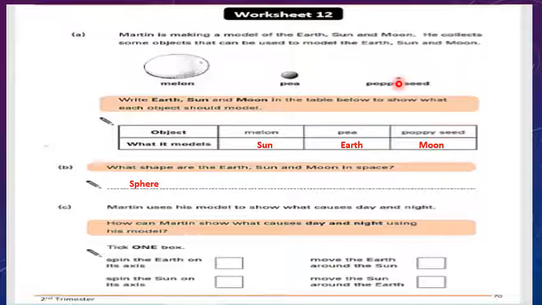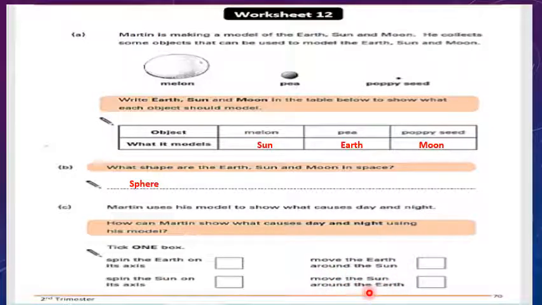The next question says Martin uses his model to show what causes day and night. How can Martin show what causes day and night using his model? So let's read all of them. Spin the earth on its axis, spin the sun on its axis, move the earth around the sun, or move the sun around the earth.